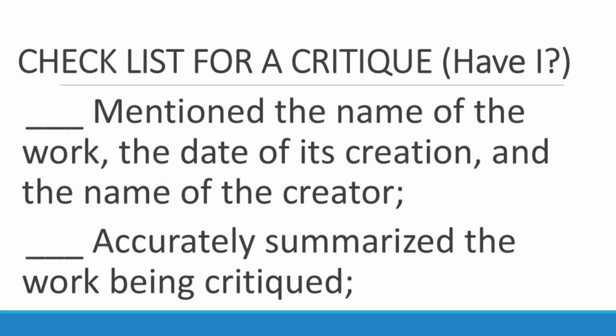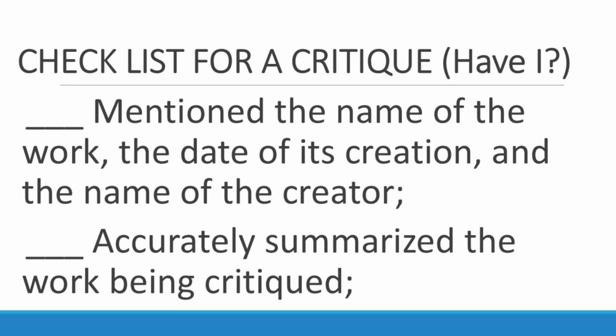And lastly, we have the checklist for a critique. This is the checklist that may help you in writing your critique paper. First, ask yourself if you have already mentioned the name of the work, the date of its creation, and the name of the creator.